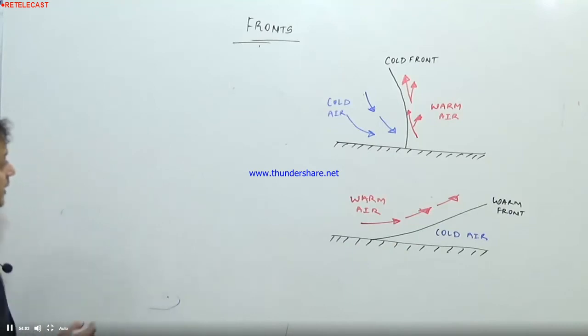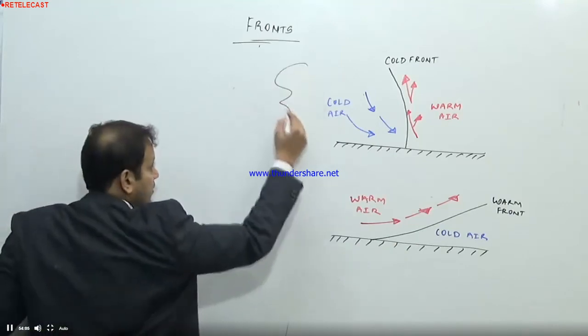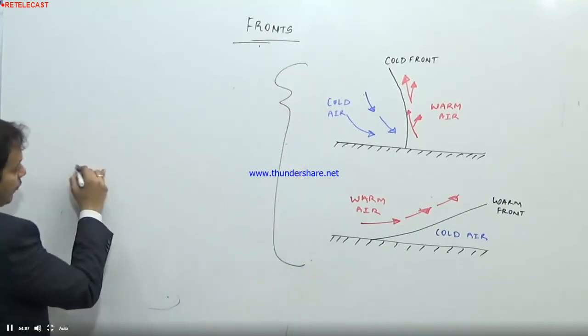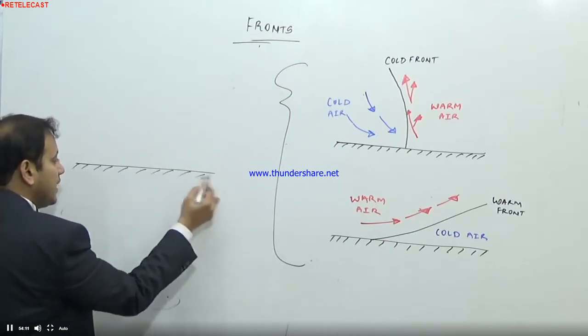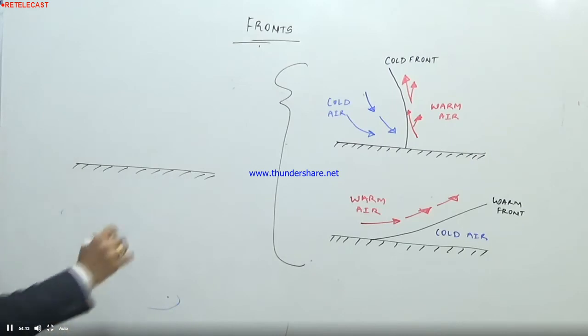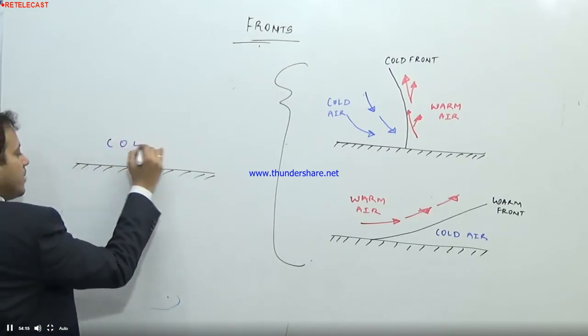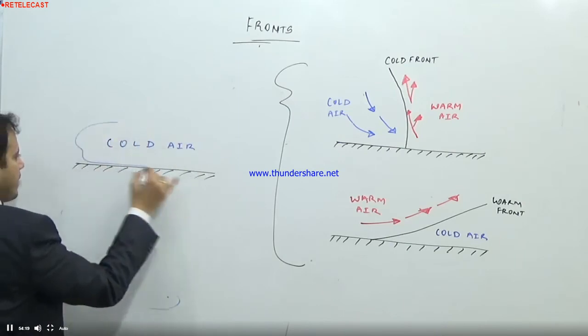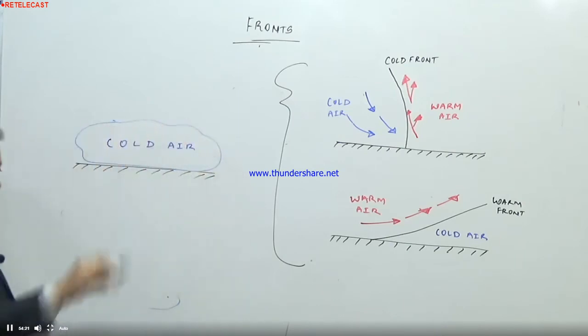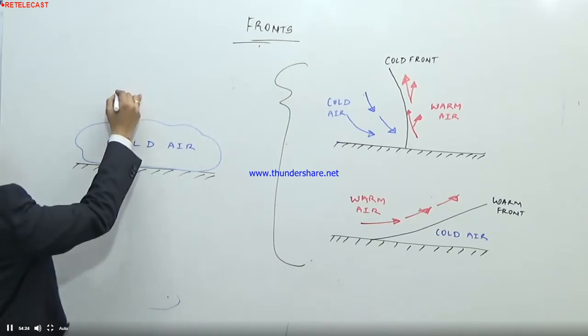So what will be the end result of both these diagrams? In the end, what is going to happen in any kind of front? There will be cold air below and there will be warm air above.